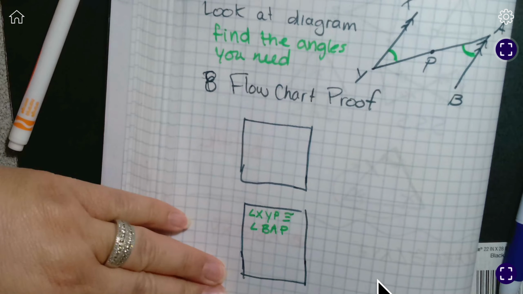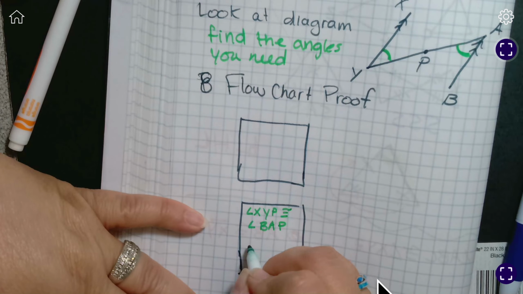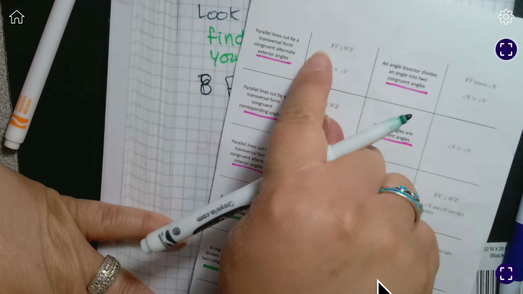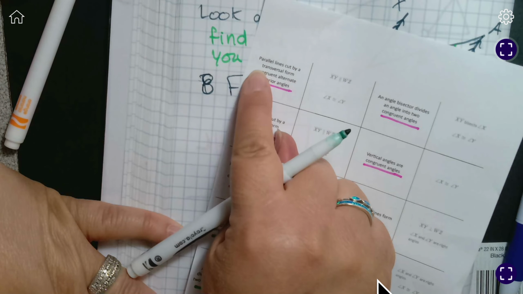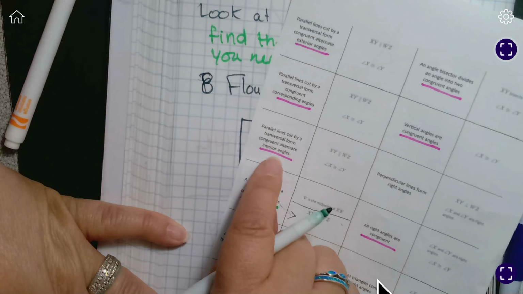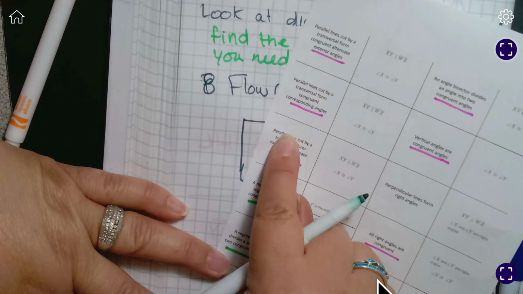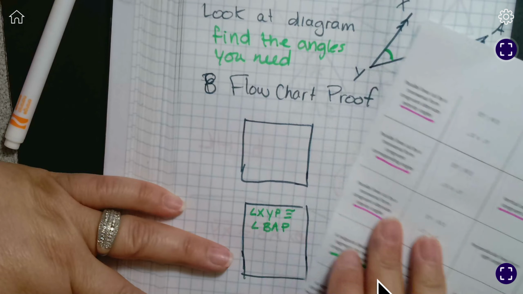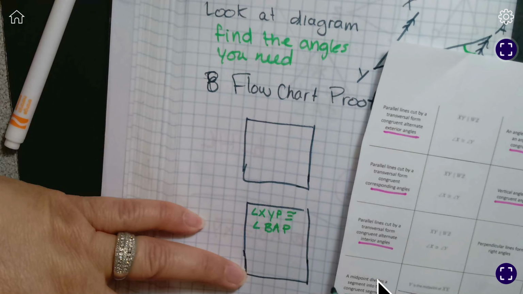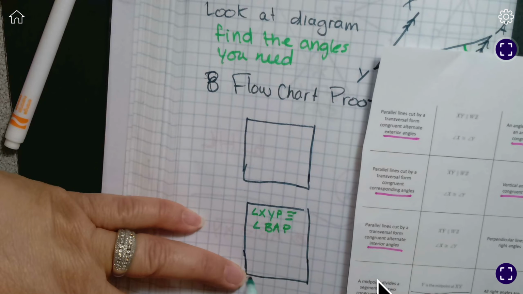And the reason is because you have this whole thing over here, parallel lines cut by a transversal form congruent alternate interior angles. We did interior angles. So we would use this whole reason here, and we would put that here, okay? I'm not going to write the whole thing because it doesn't fit, and you have it there already.